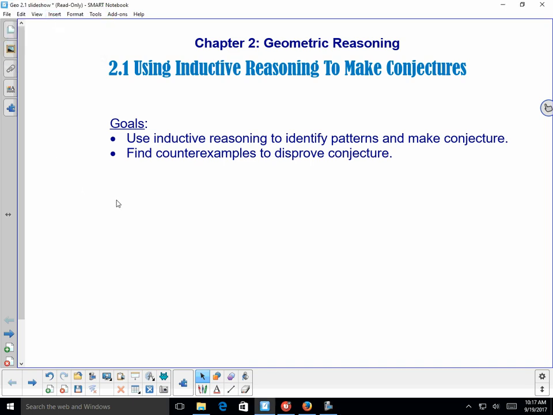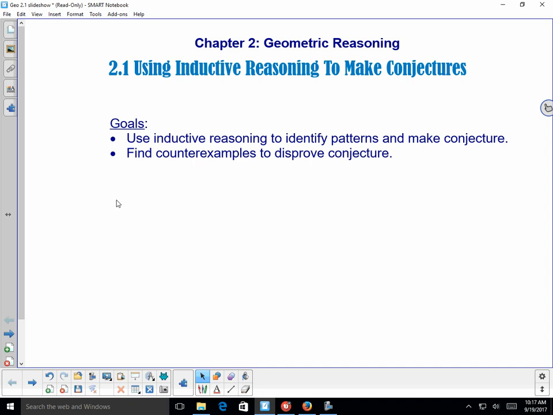We are looking at Chapter 2, Geometric Reasoning, and you're doing Section 2.1, using inductive reasoning to make conjectures. While you're watching this video, you should be completing your guided notes, which in this case would be considered video guided notes. You may want to stop the video to copy something down. You can pause the video.